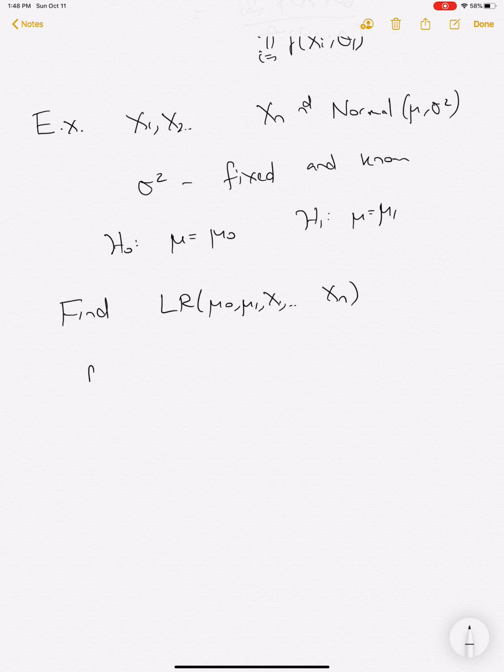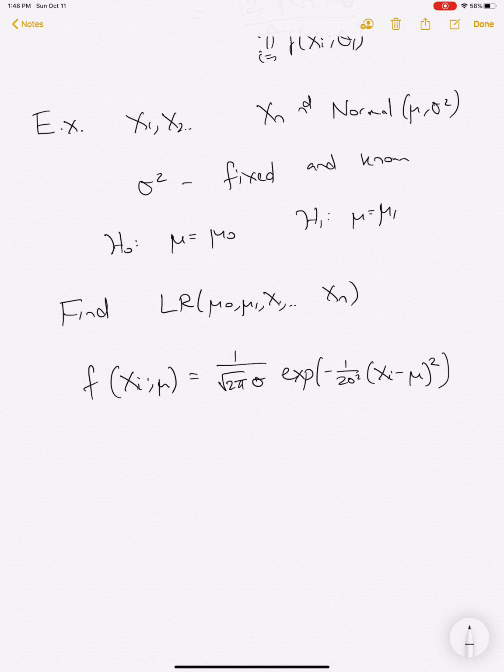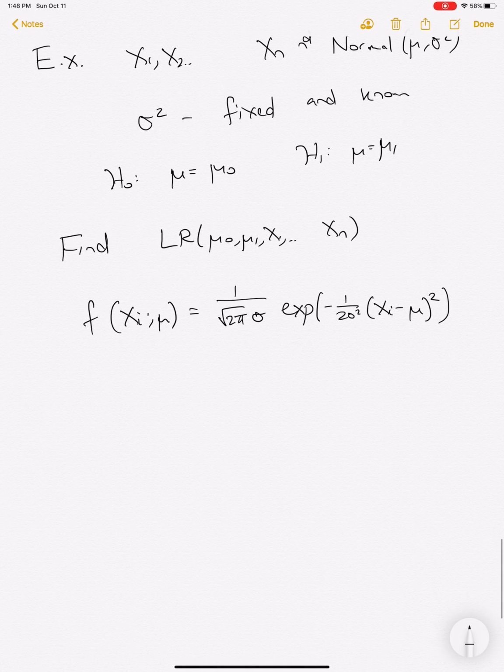So remember that f of xi given mu, we're treating the sigma as a constant, is just 1 over square root 2 pi sigma squared times the exponential term. Okay, so this is the PDF, sorry, of the normal distribution.